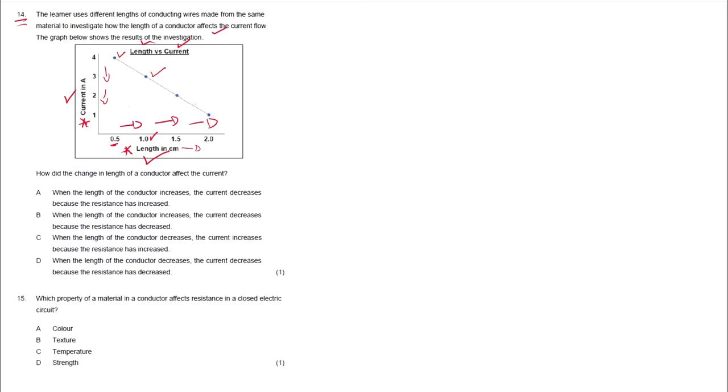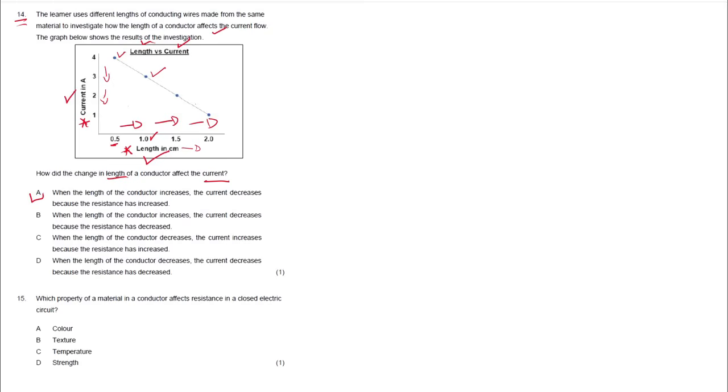Okay, so now the question says, how did the change in the length of a conductor affect the current? So they are asking us what we just explained. So let's check our options, because we have already analyzed our graph.